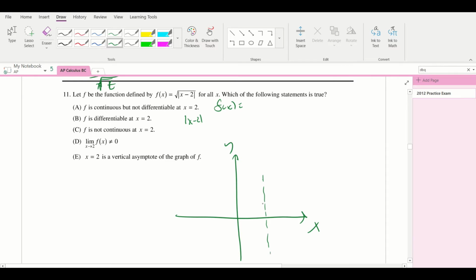When it's greater than this, it's just equal to the square root of x minus 2. So it looks something like this. When x is less than 2, it becomes square root of 2 minus x. So it looks something like this.